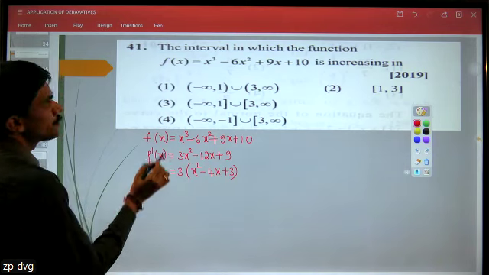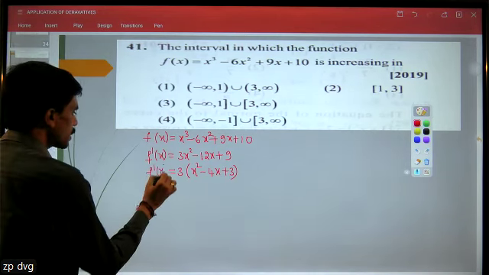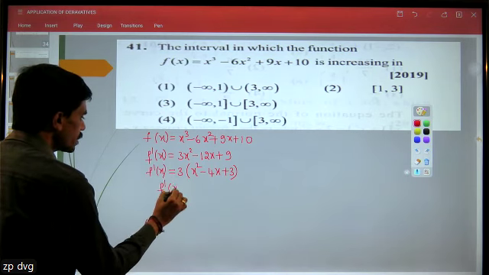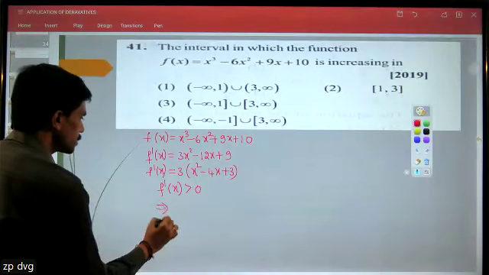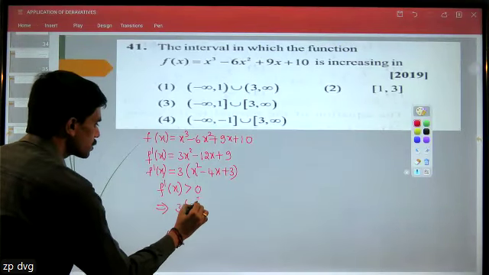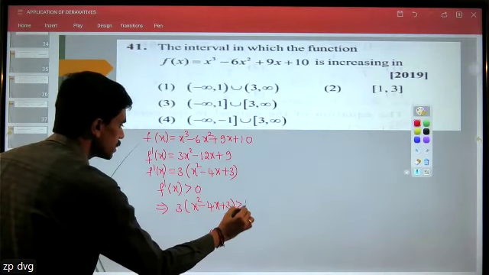For increasing function, we have to take f dash of x greater than 0. So f dash of x greater than 0 implies 3 into x square minus 4x plus 3 greater than 0.